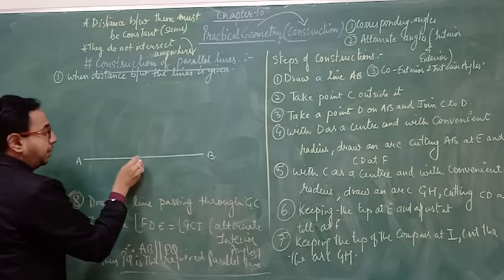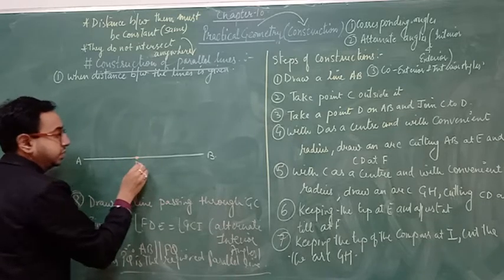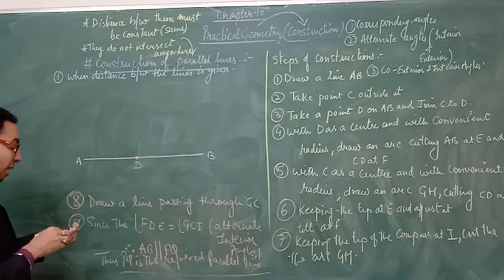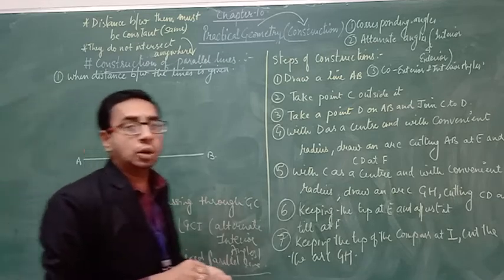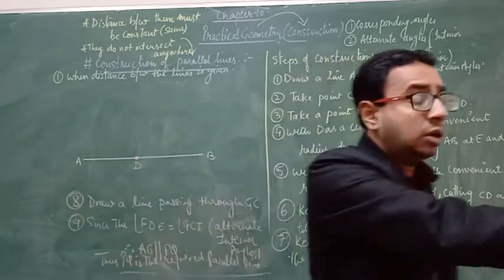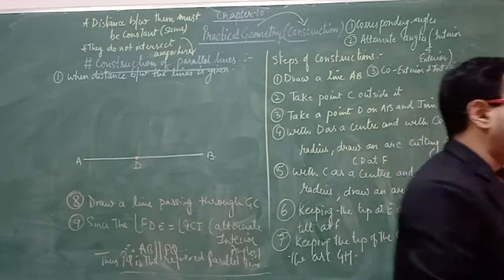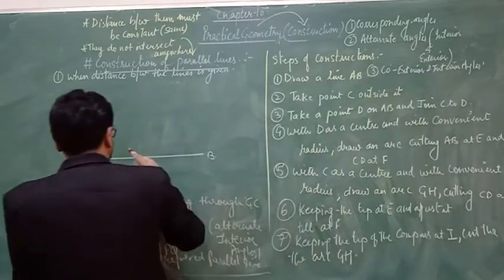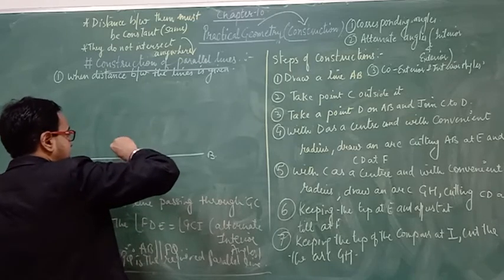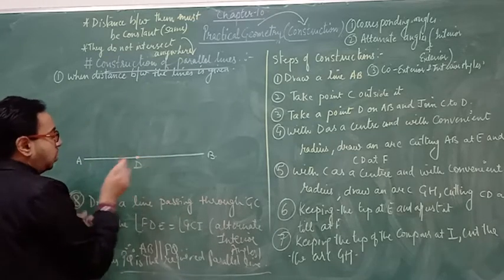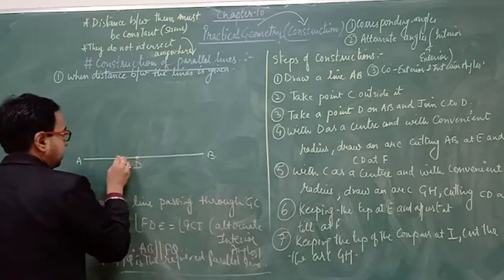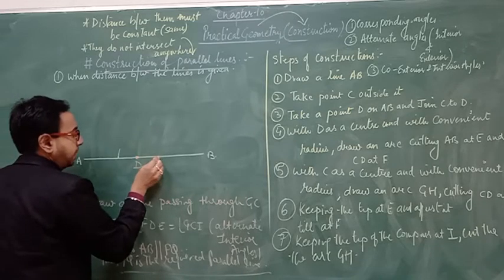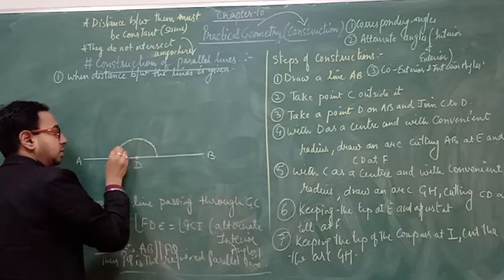Again, we'll take a point D on this line. On D, you will draw a perpendicular. I hope you know how to draw a perpendicular. Normally, to draw a perpendicular with D as center, we draw a semicircle.